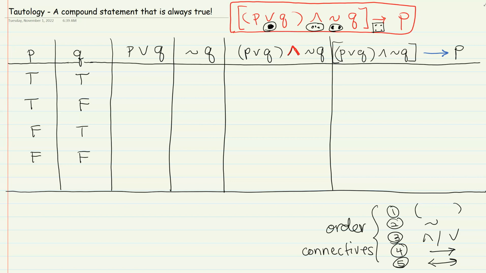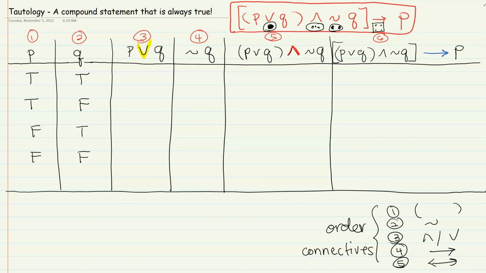Okay, so I'm going to go ahead and label my columns so I can reference them: 1, 2, 3, 4, 5, and then 6. First I am looking at column 1 and column 2, and the connective being or.